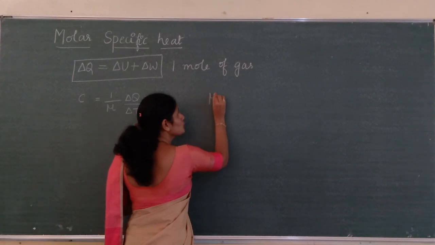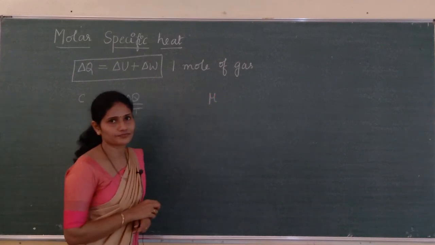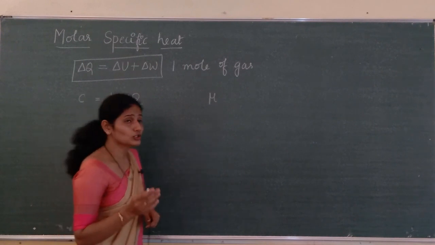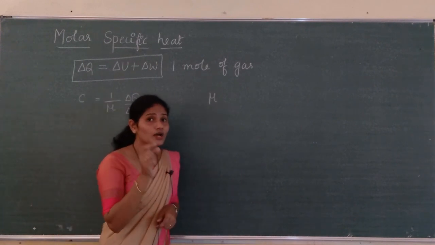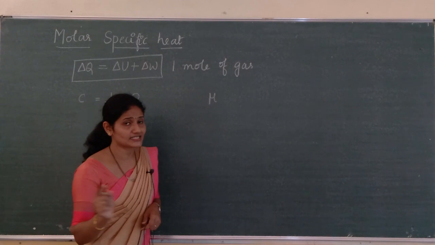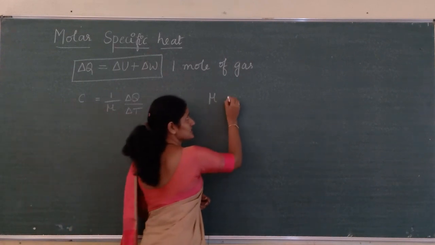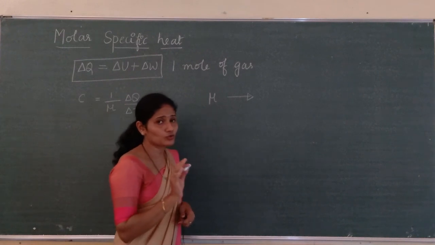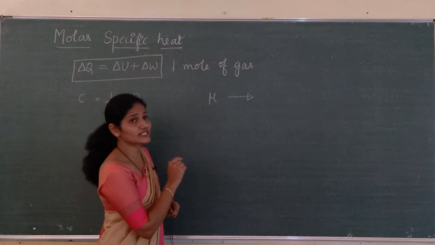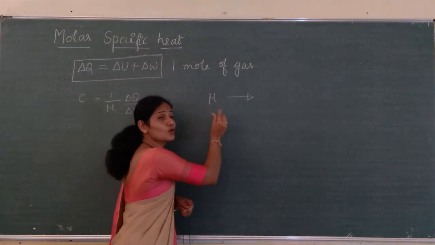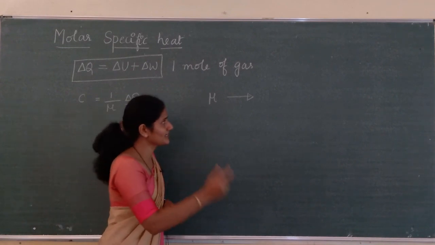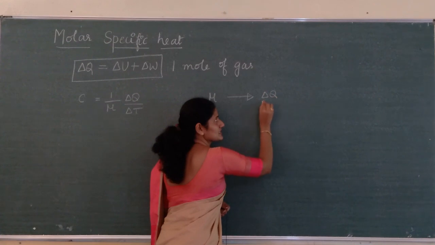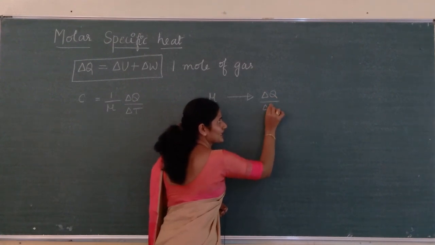If we have mu moles of gas, the amount of heat required to raise the temperature of mu moles of gas by 1 degree Celsius is nothing but its heat capacity, and heat capacity is denoted by delta Q by delta T.